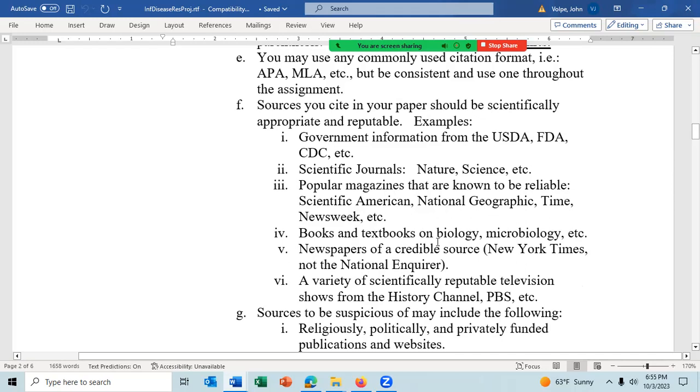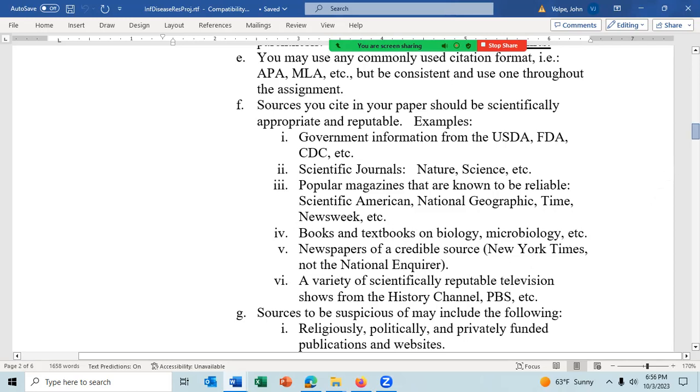Books and textbooks, including your microbiology textbook, are acceptable as long as it's a textbook, meaning you can take a look and see if the book has citations. If it's been reviewed, then it can be used, and all scientific textbooks can be used. Newspapers of a credible source may be used. New York Times, not the National Enquirer. A variety of scientific reputable television shows.